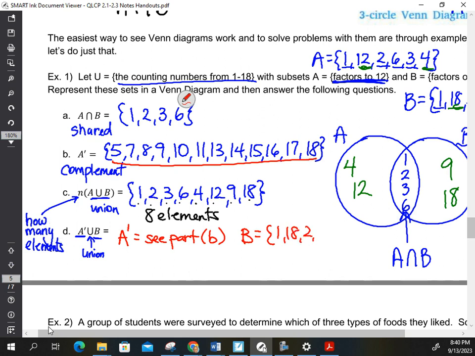So 1 and 18, 2 and 9, 3 and 6. So A prime union B is literally just putting them together. It's not hard, it's just putting them together.